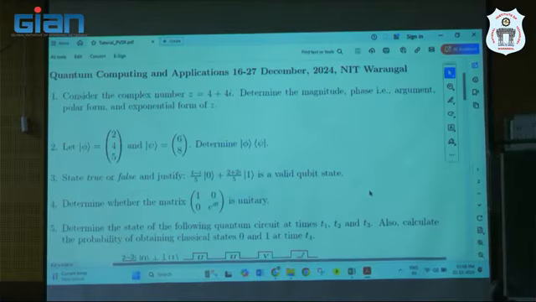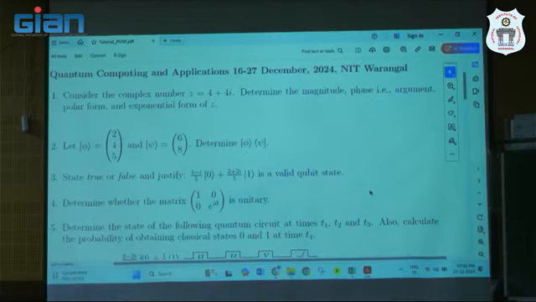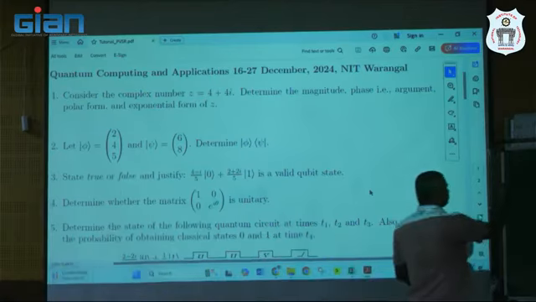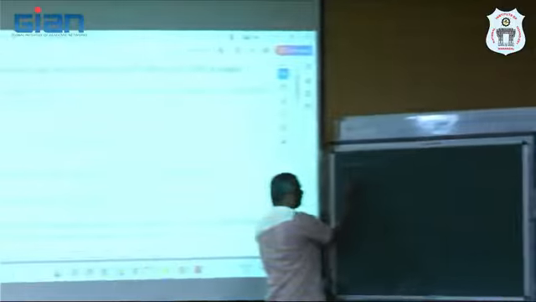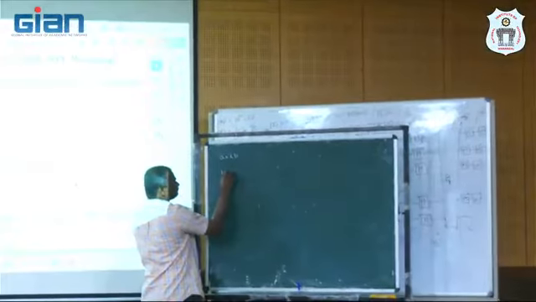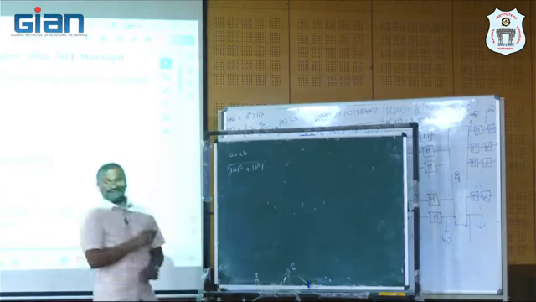So the first one, we are given a complex number 4 plus 4i. Determine the magnitude. What is magnitude of a plus ib? Square root of? Is that correct?